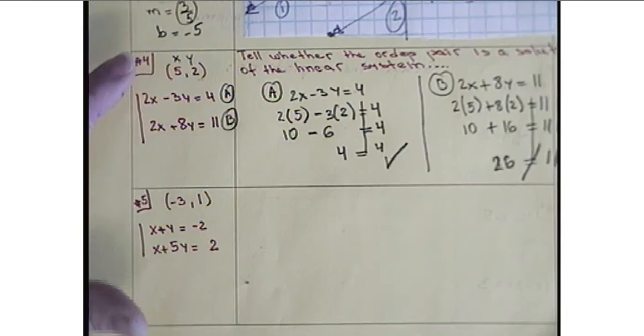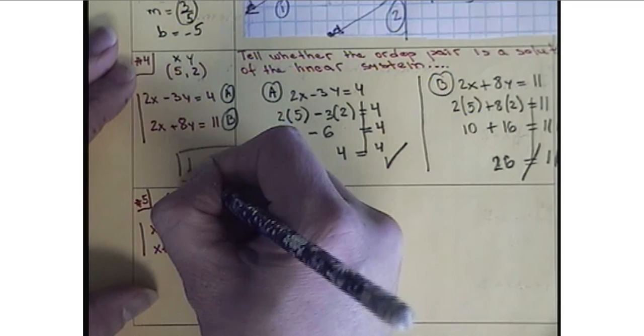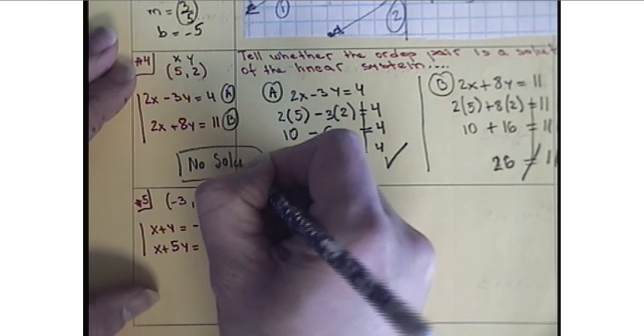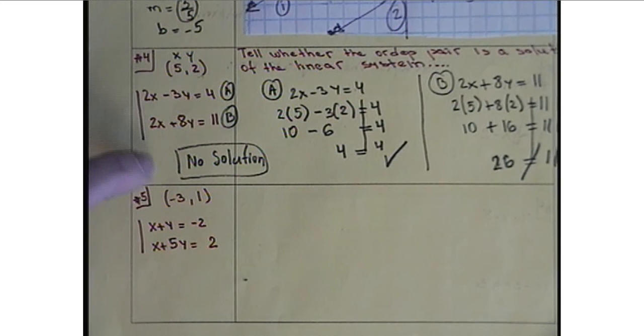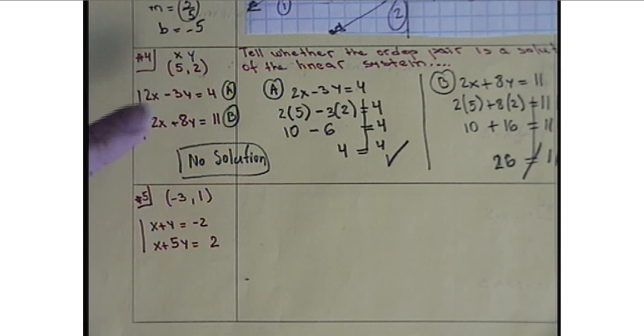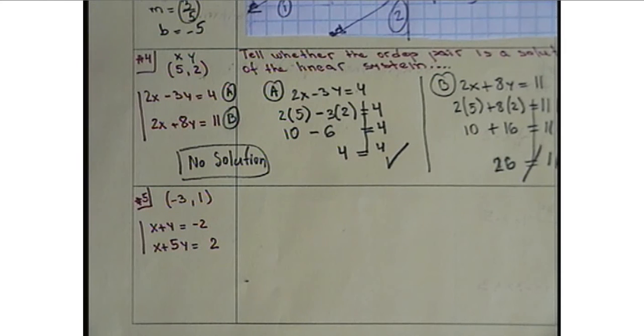Those two are not equal. So your final answer here is no solution. Again, this ordered pair is not a solution to the system. It's a point somewhere in the graph, but not the intersecting point of those two equation lines.